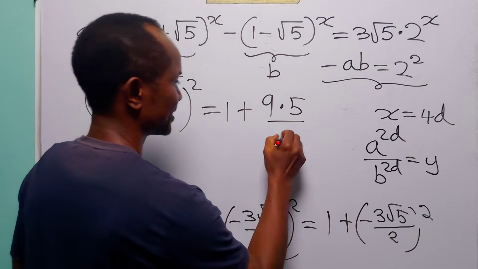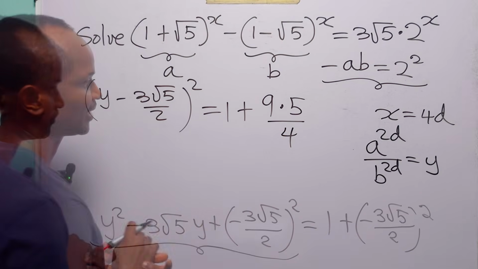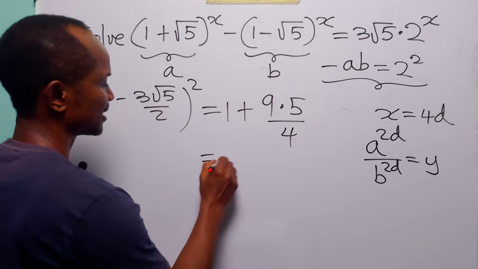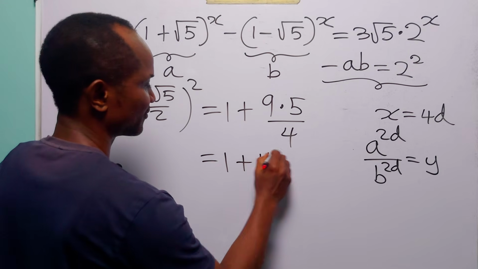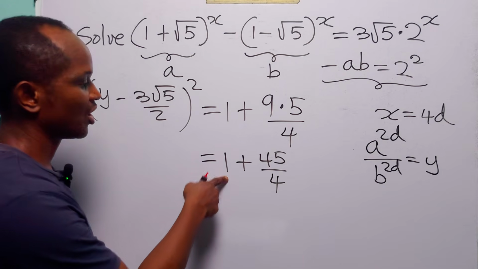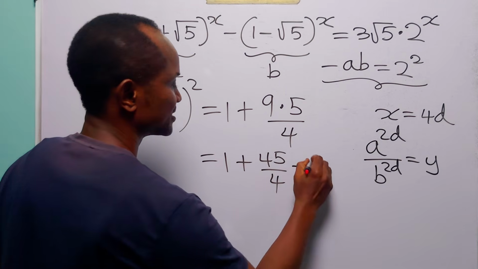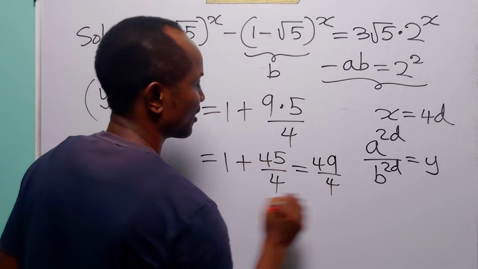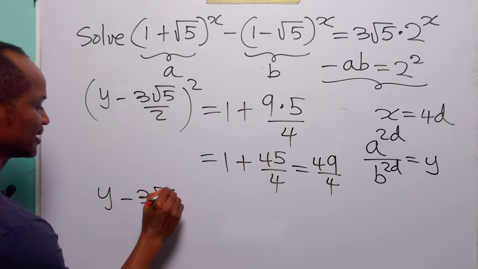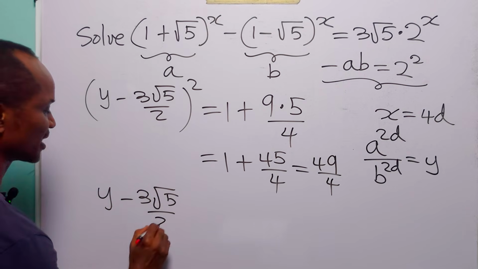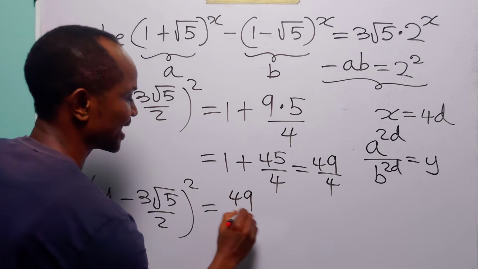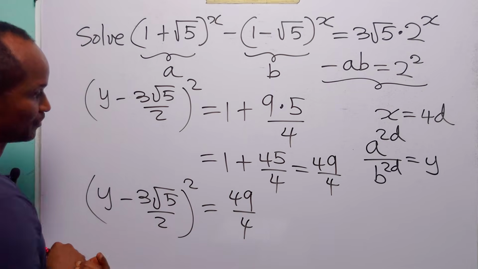And 2 squared is 4. 9 times 5 is 45. So this is equal to 1 plus 45 over 4. 4 times 1 is 4. 4 plus 45 is 49 over 4. So we have that y minus 3 root 5 over 2 squared is equal to 49 over 4.